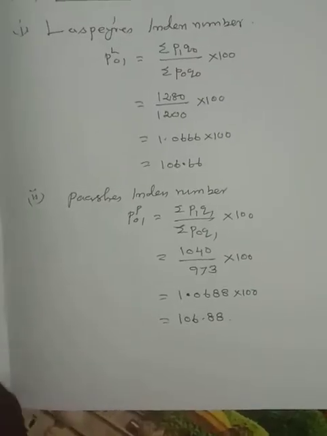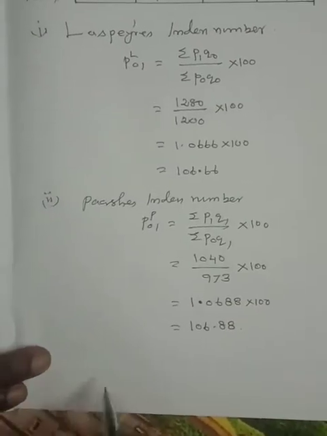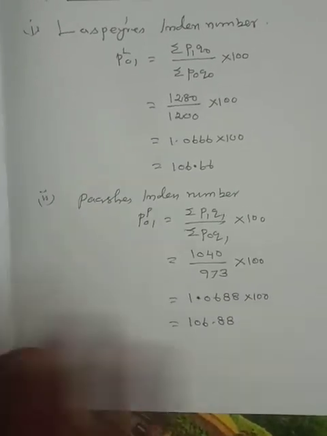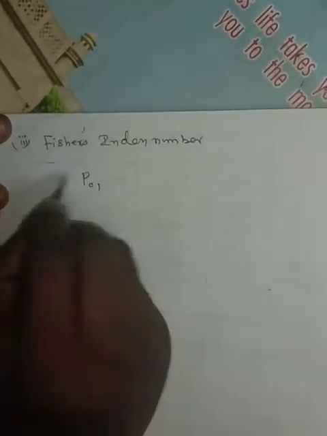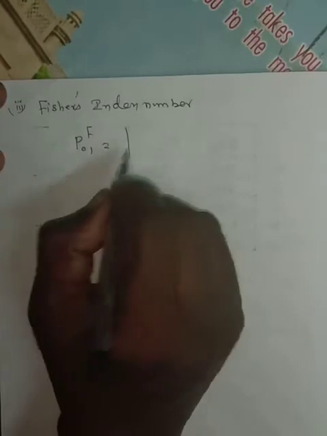Next, Fisher's index number. Fisher's index number PF01 is equal to the square root of the product of Laspeyres and Paasche's.